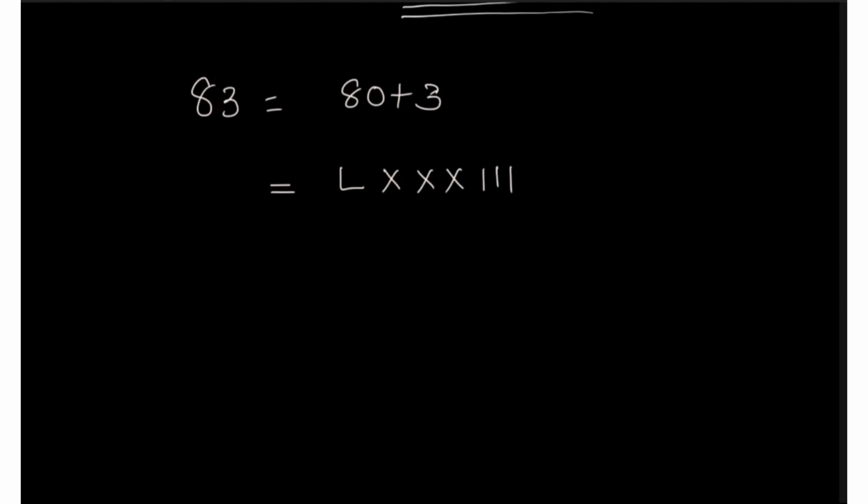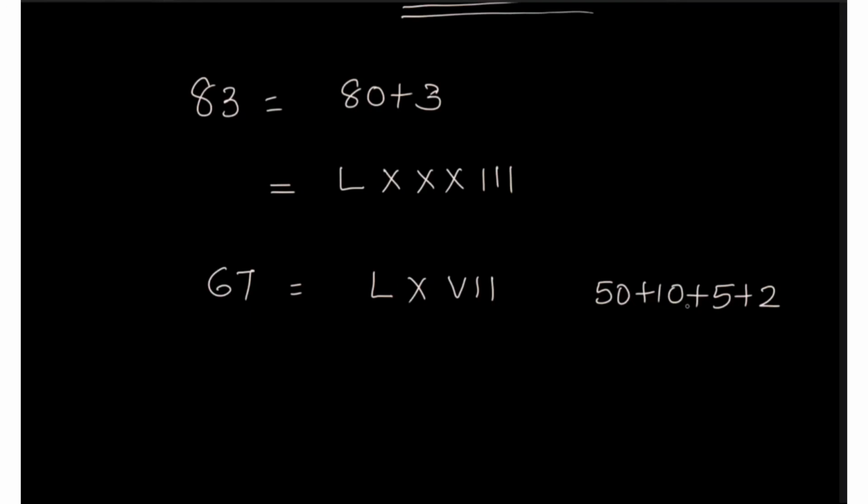Next we can find, suppose it is equal to 67. We already know 60 equal to LX. Then 7 equal to VII, that is 5 plus 2. Here it is equal to 50 plus 10 plus 5 plus 2.